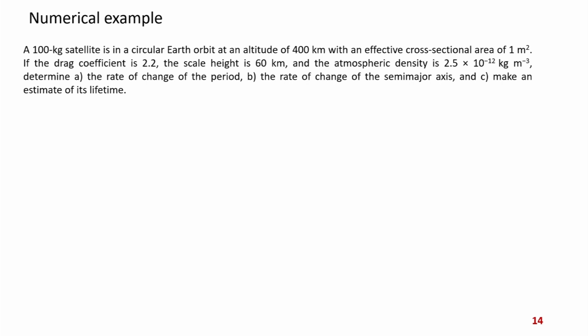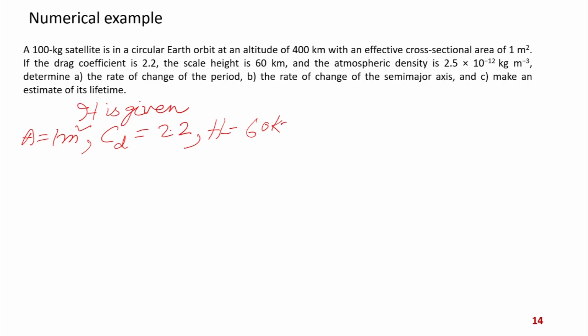So, it is given A is equal to 1 meter square, then the drag coefficient C D is equal to 2.2 and the scale height h is equal to 60 kilometer. Now, kilometer we have to convert it into meter.